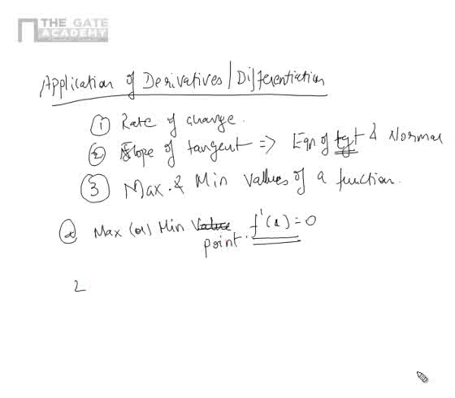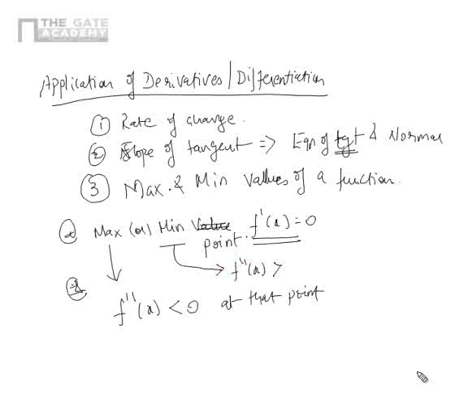And how do we conclude that it's a maximum? If it is a maximum point, f double dash of x will be less than 0 at that point. If it is a min value, f double dash of x will be greater than 0 at that point, correct? This we have already seen.